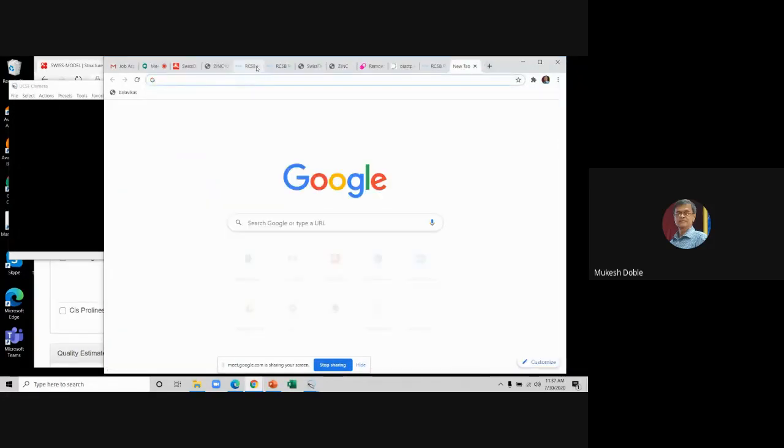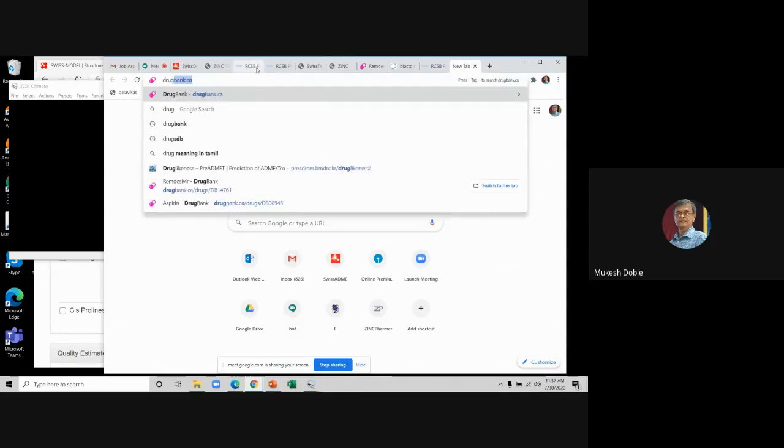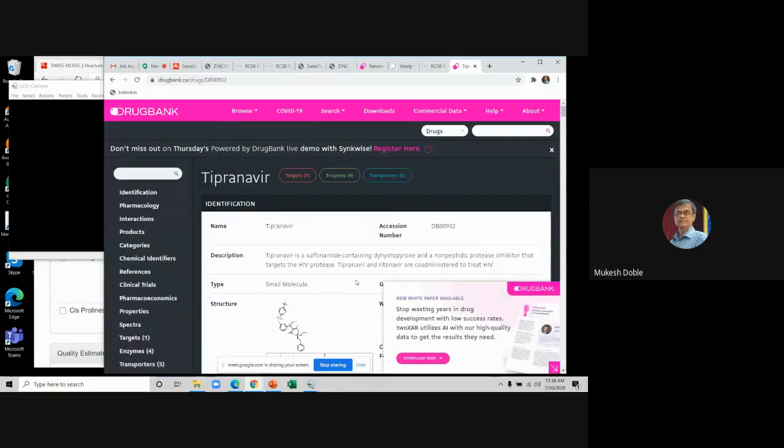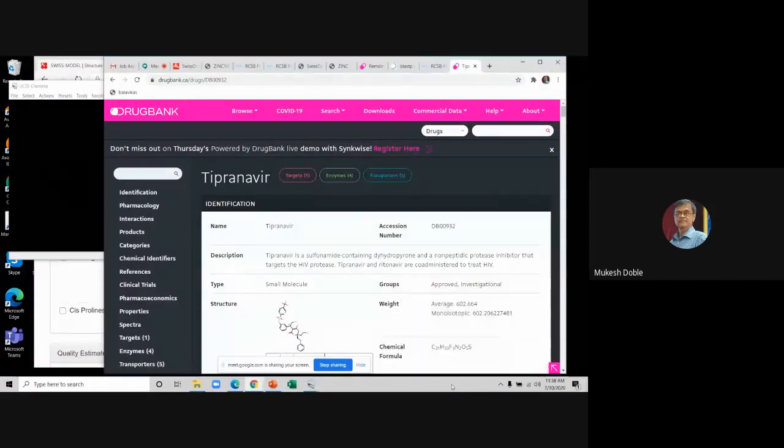Even if you look at DrugBank, there is a sulfonamide containing hydroxy. It's a non-peptidic protease inhibitor that targets the HIV protease. Ritonavir is also given for HIV protease.